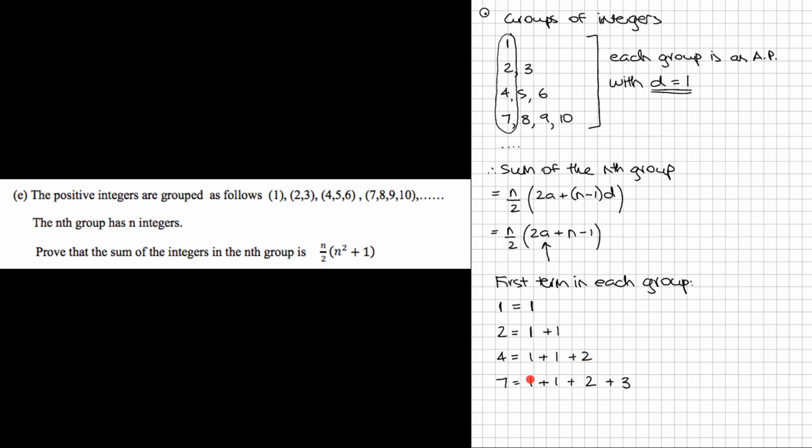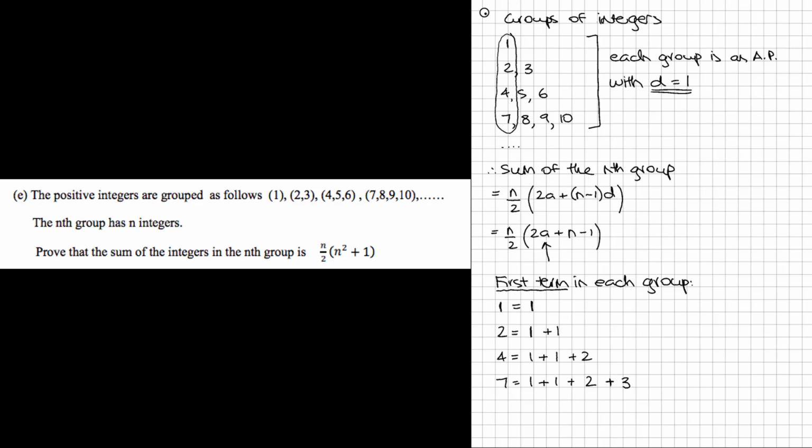And then in the next group, we'll take that 1 plus 1 plus 2 and add 3. So the pattern that's emerging to give us our first term is to take whatever you had for the first term in the prior group, and then add a number that is equal to whatever that final number in the prior group was plus 1.